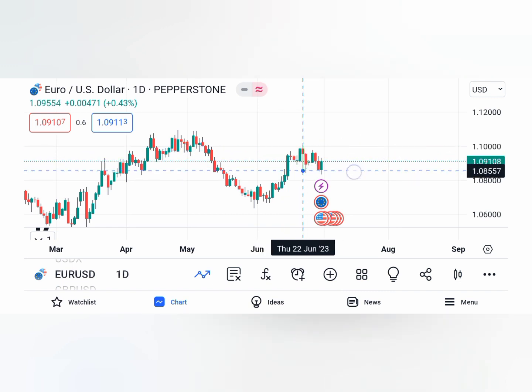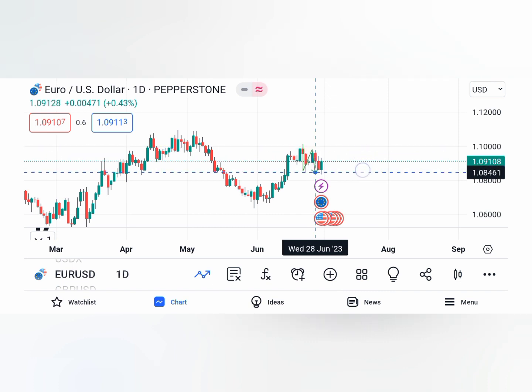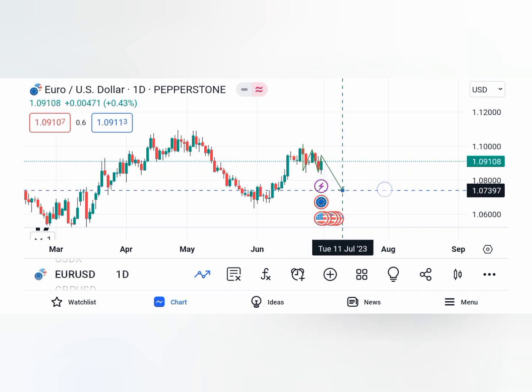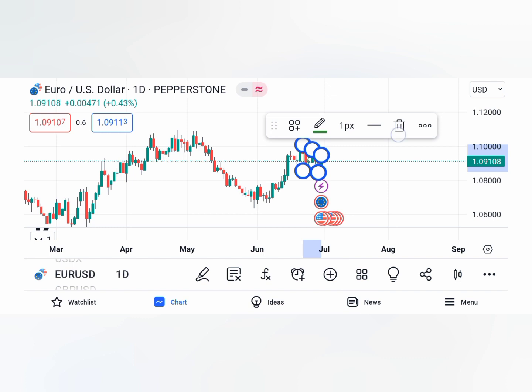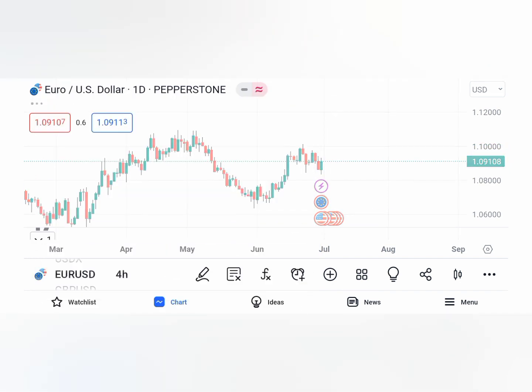You can see this, then the retracement, then impulsive move, then the retracement. So it's likely that price will continue downwards this coming week, but let's see what happens. So let's move to the 4-hour time frame and see what we have there also.